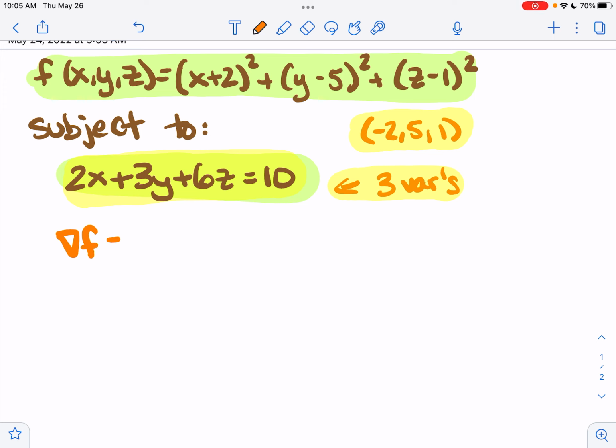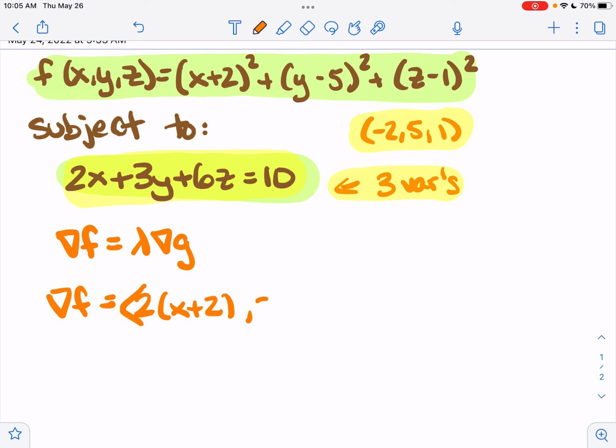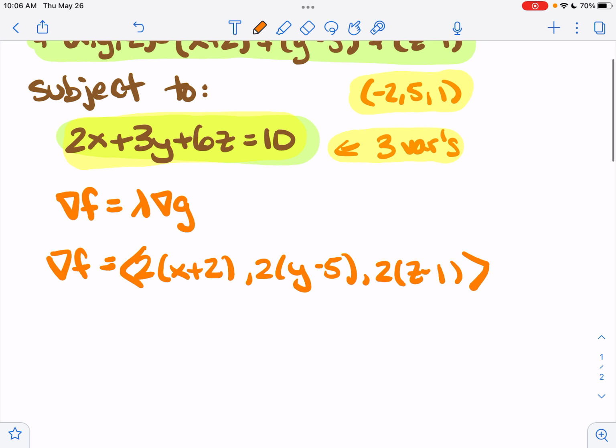We have grad f must be lambda times grad g. So grad f in this case is 2 times x plus 2, comma 2 times y minus 5, comma 2 times z minus 1. That's the gradient of f, and the gradient of g is just 2, 3, 6, so that's really nice, at least.